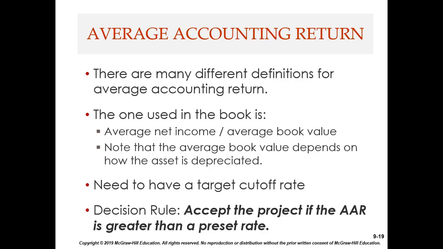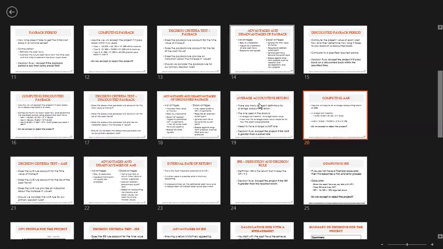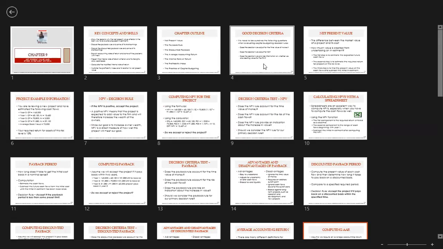You need to have a target cutoff rate for this. Accept the project if the average accounting return is greater than that preset rate that you determined. So in our example, a couple slides ago, let me go back to the original information here.